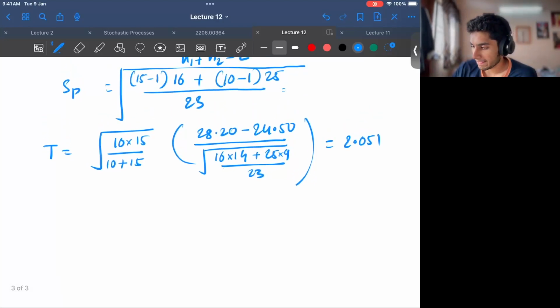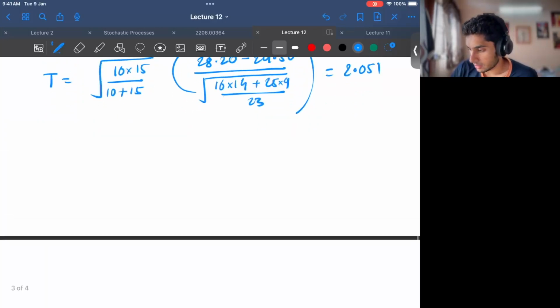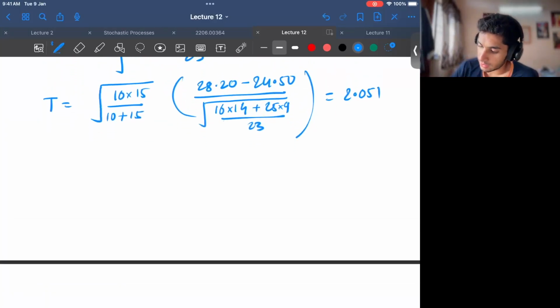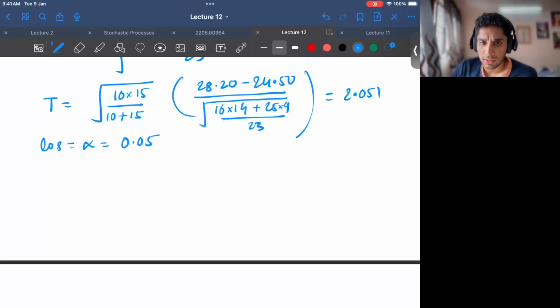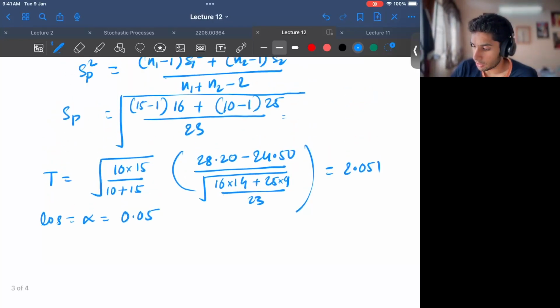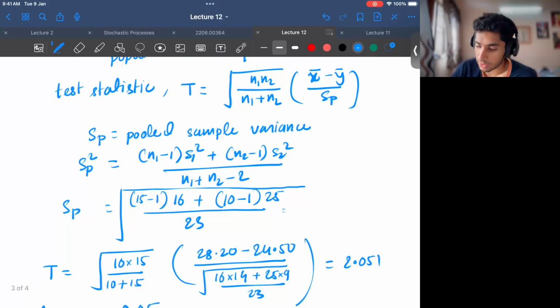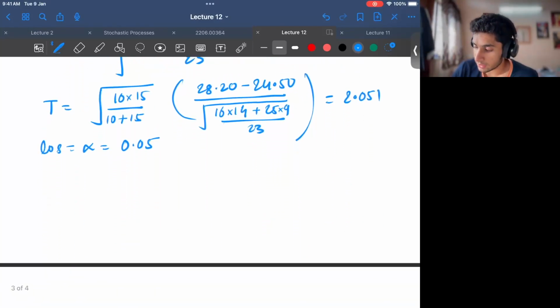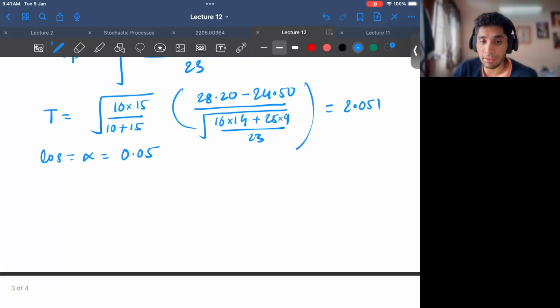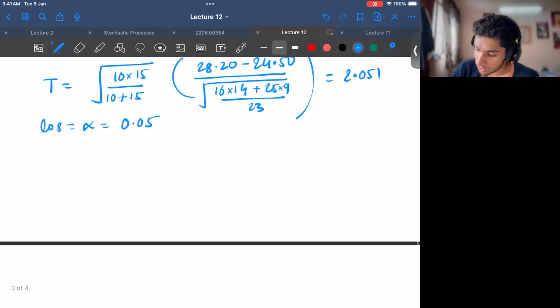Okay. And since the level of significance alpha was given to you to be 5%, which is 0.05, again for this test statistic, T is distributed according to the T distribution. However, the degree of freedom here is n1 plus n2 minus 2. So what will be the critical point?